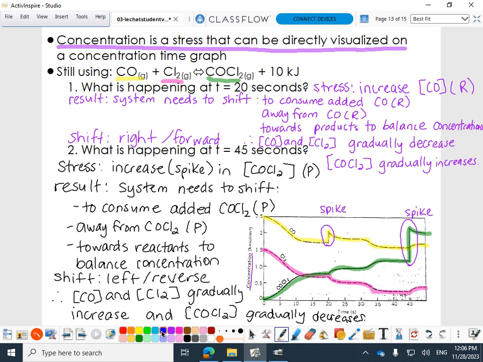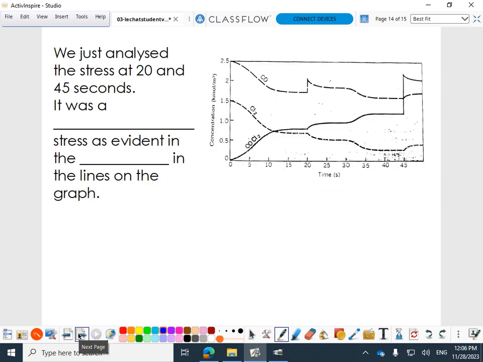Okay, so when you have 20 and 45 seconds, the reason we did those together is because of the spike. So that is a concentration stress.